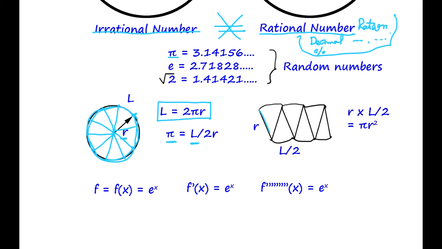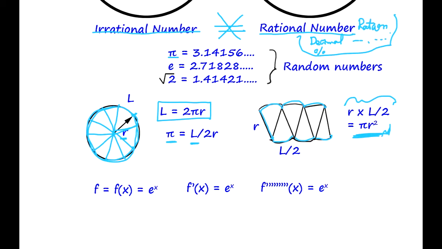This length is the radius, and this is the total circumference divided by 2 because it's on both sides. So roughly the area, if it's a rectangle, is r times L over 2. Now we make the pie slices smaller and smaller, and it comes down to pi r squared.